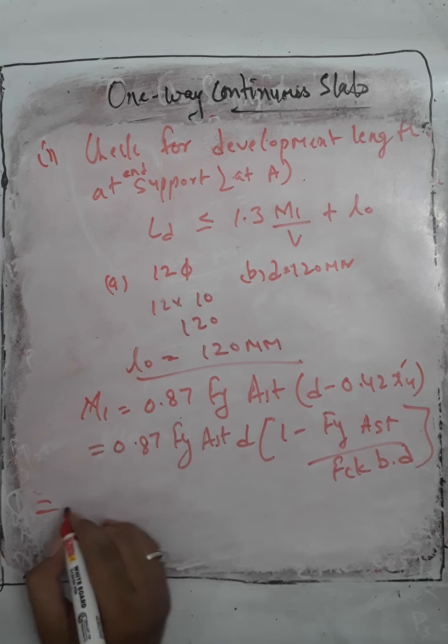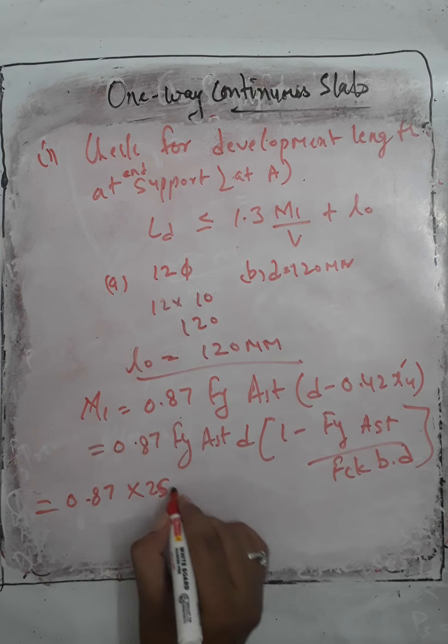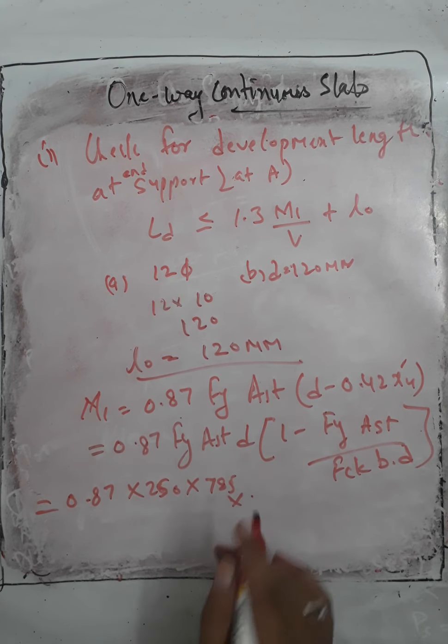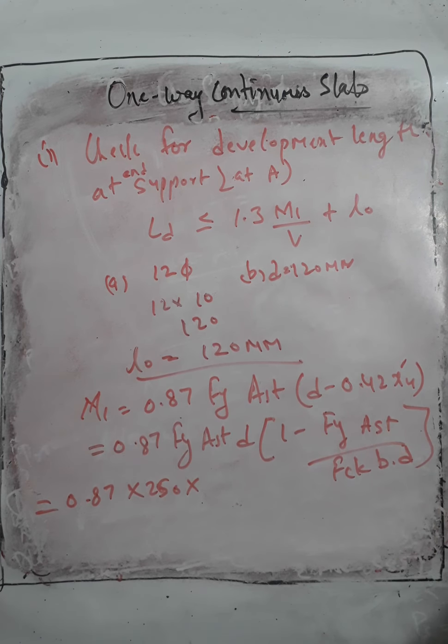Now put values in this formula, 0.87 into 250 into 785 into, sorry, here AST is 392, because we take 50% of bent up bars, we have to provide bent up bars at support.